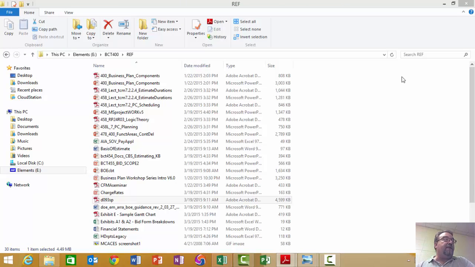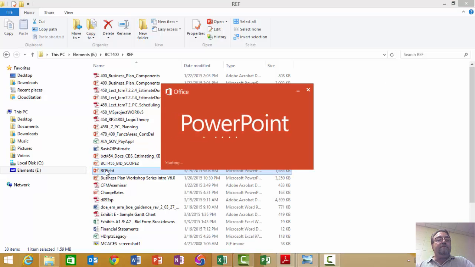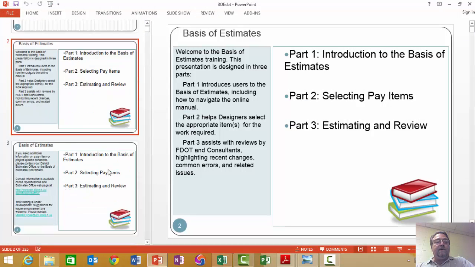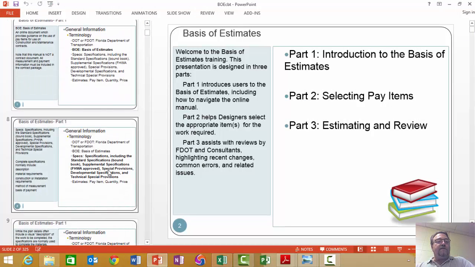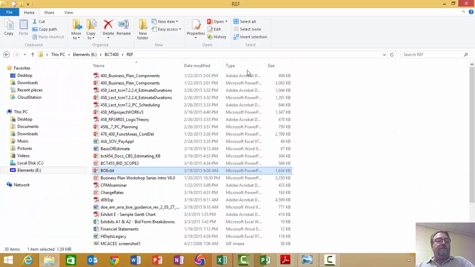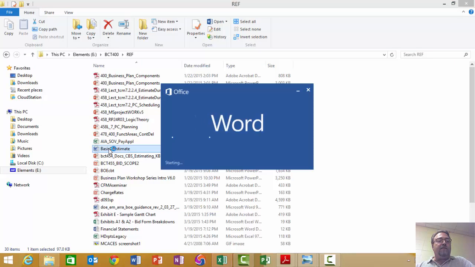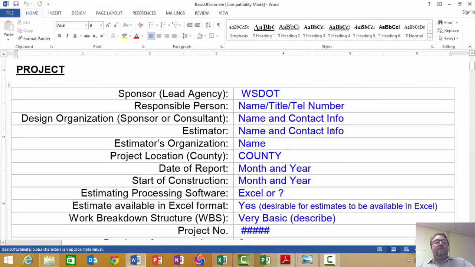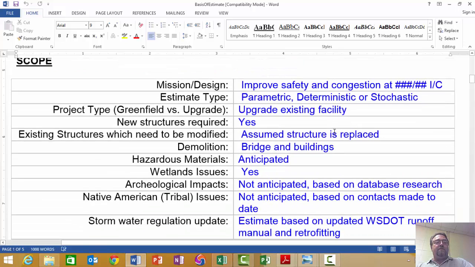That document came up as one of the hits when I searched basis of estimate, so I'm sure it discusses it. I don't think this next one is a very good one. This is for DOT. I downloaded this for my purposes. There's one more here, maybe. This is also DOT.